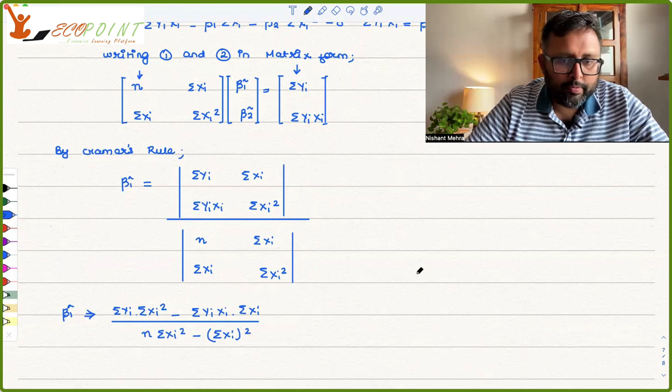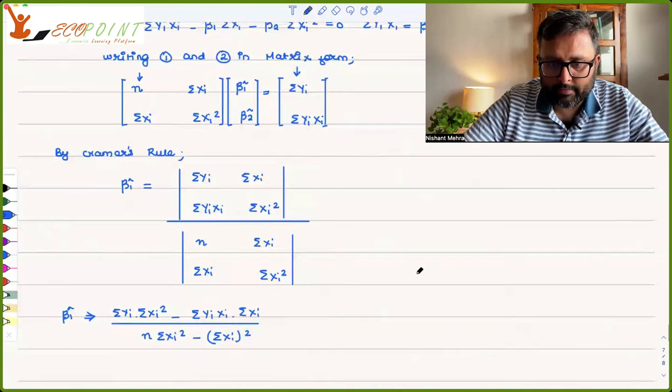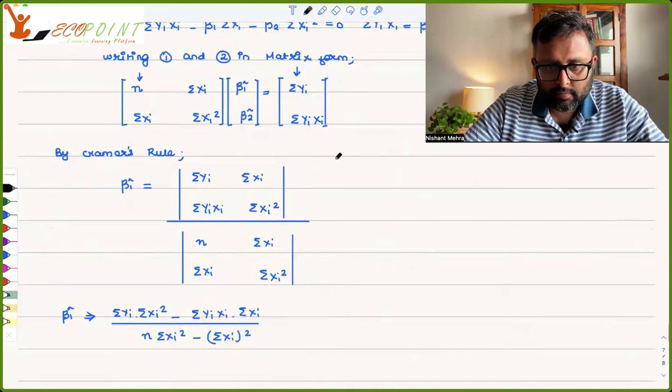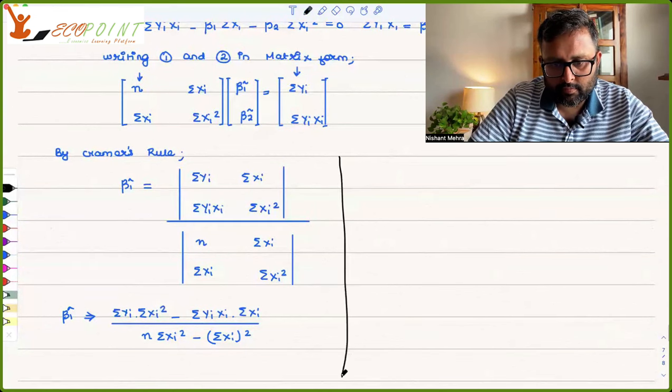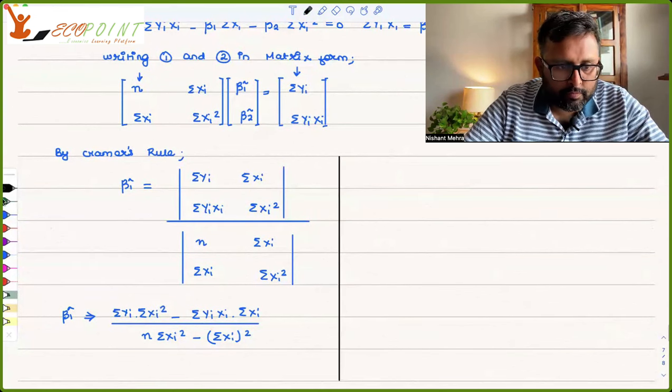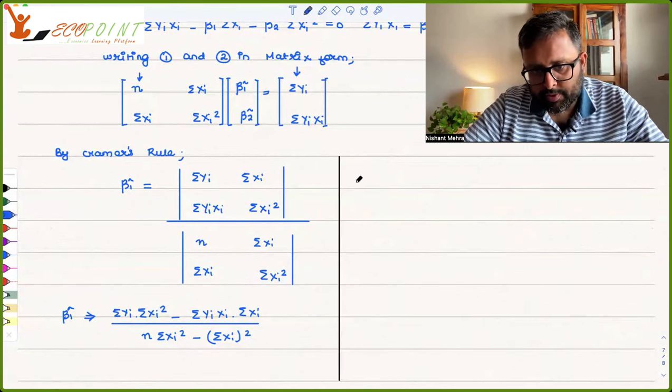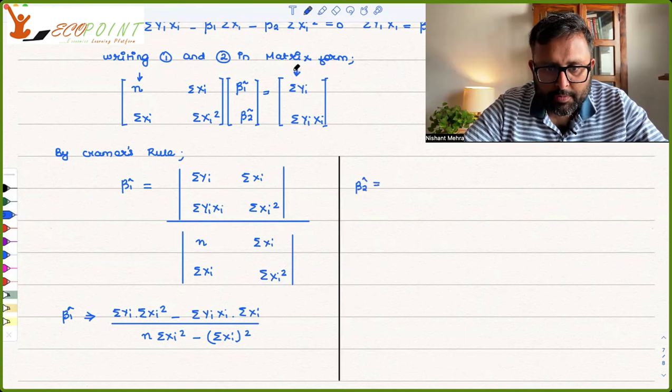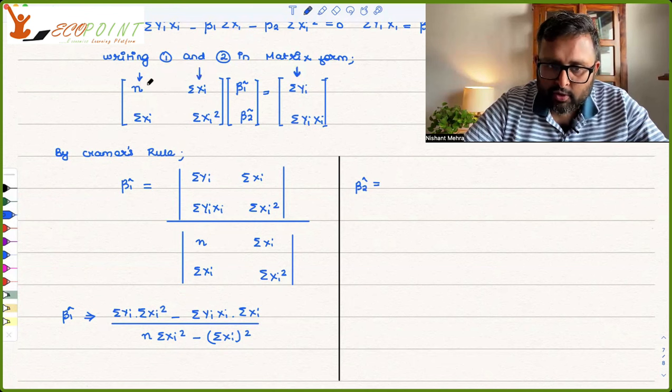And then what is beta 2 hat? Again, using Cramer's rule. For beta 2 hat, you substitute this column onto the second column of the matrix. The first column remains intact.